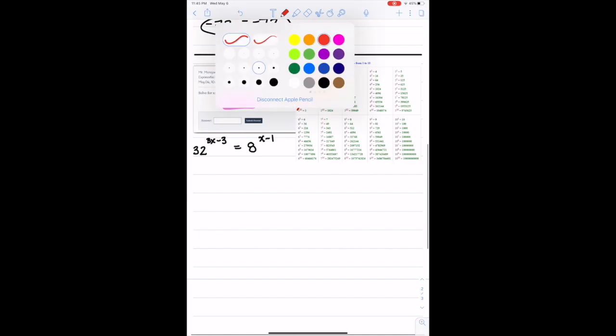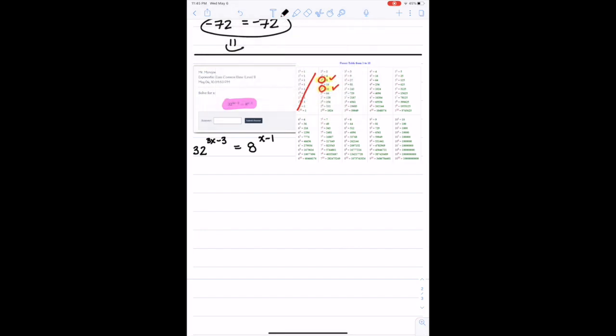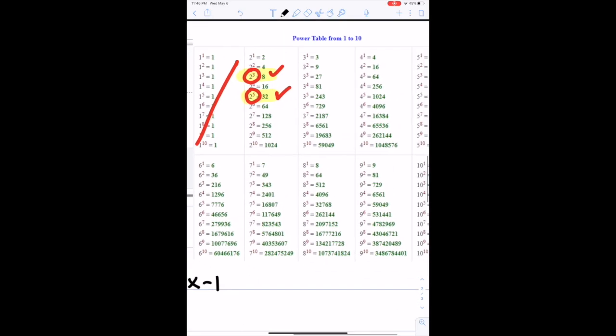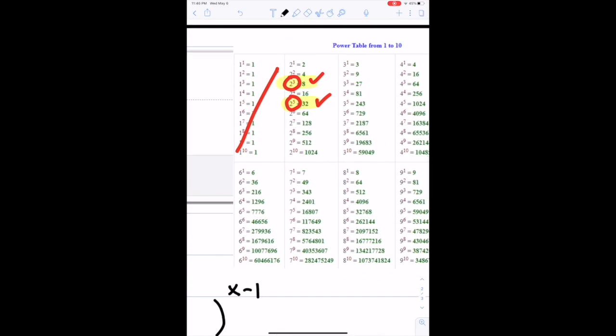Okay, so let's go back to the problem. I'm going to rewrite this as something to the 3x minus 3 is equal to something to the x minus 1. So how am I going to get the something? Well, I noticed from my table, another way to say 32 is 2 to the 5th power.